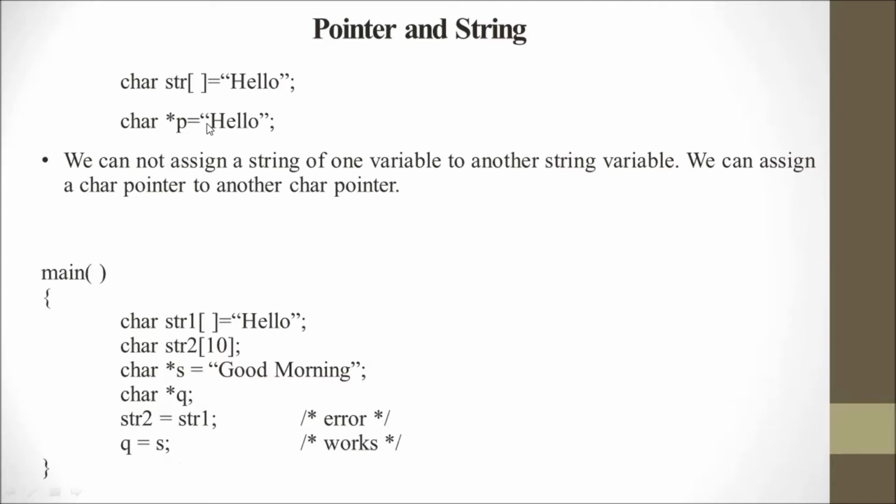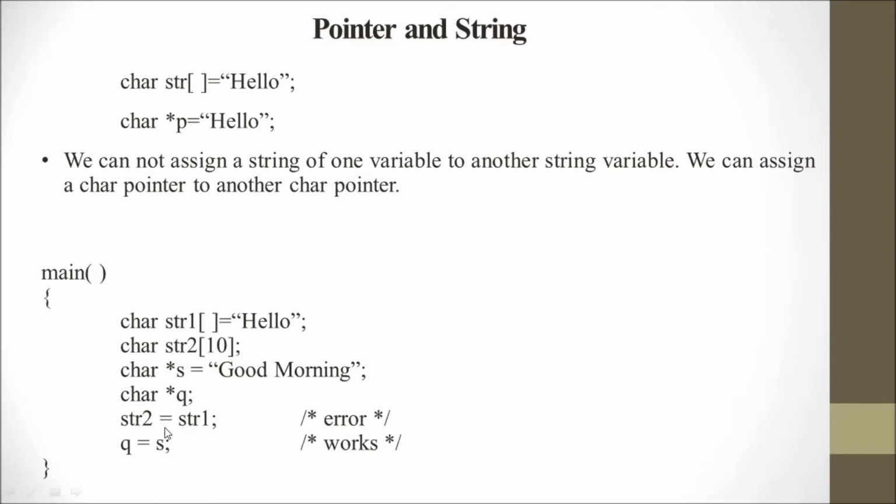We understand this concept by using this program. We use a character string 1 and assign hello. We use a second string 2 and the size is 10. Here the character pointer s is assigned the good morning string, so s stores the good morning string, and the character pointer q is not assigned anything.